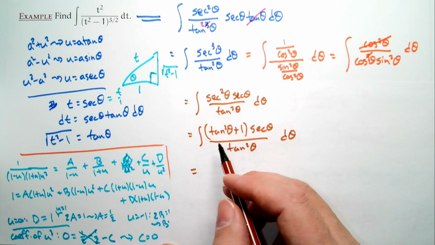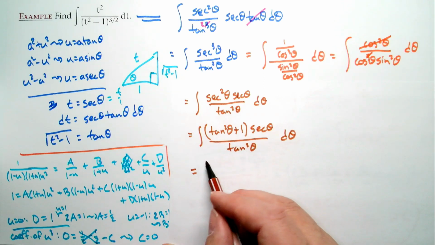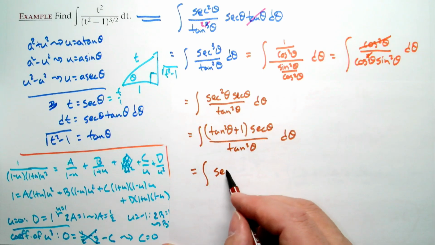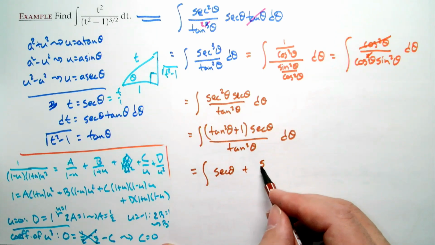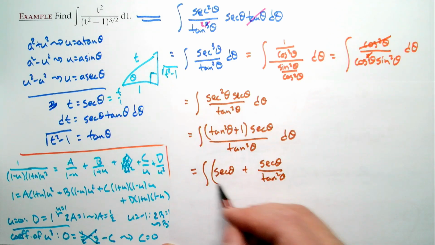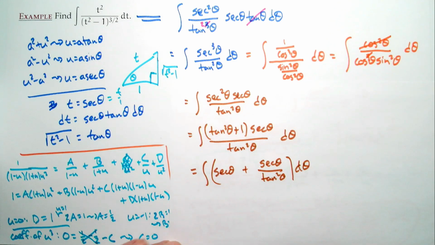So that would become what? Well, you can break it up into parts. Tangent squared over tangent squared times secant, which is the integral of secant theta, plus secant theta over tangent squared. So you could have done that at the start.